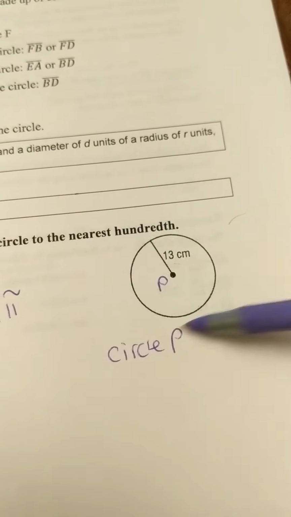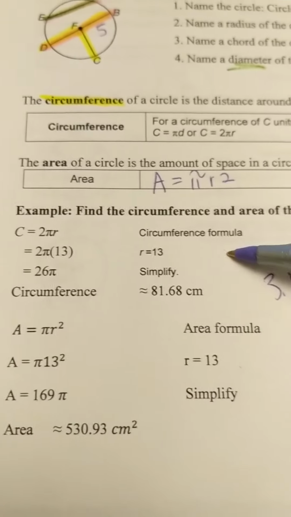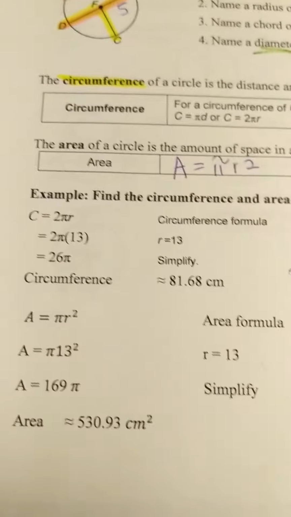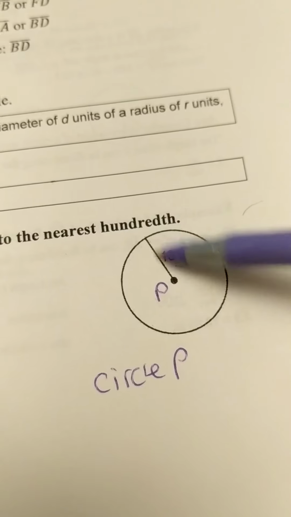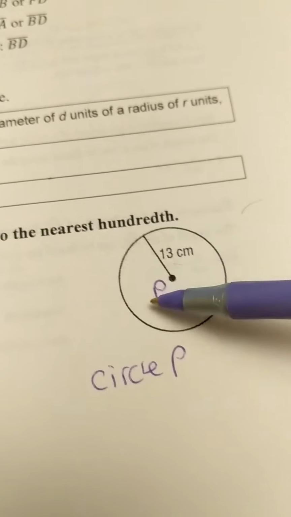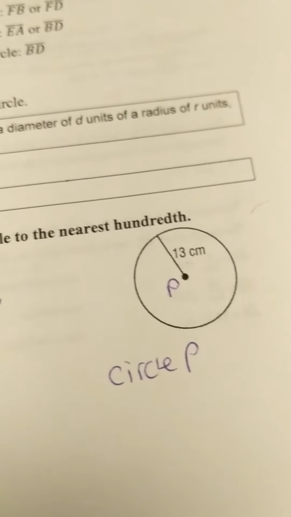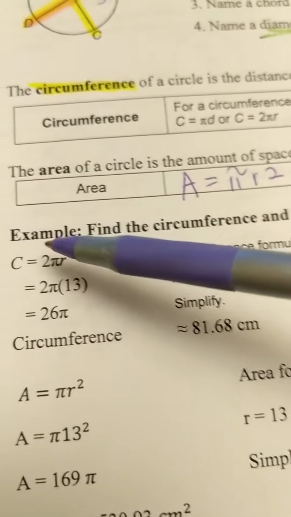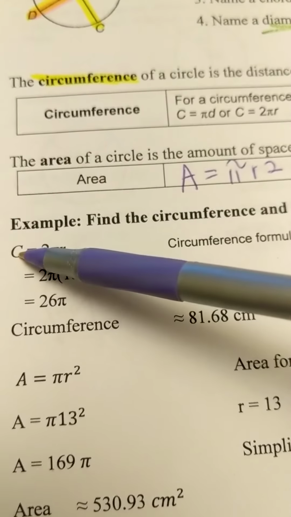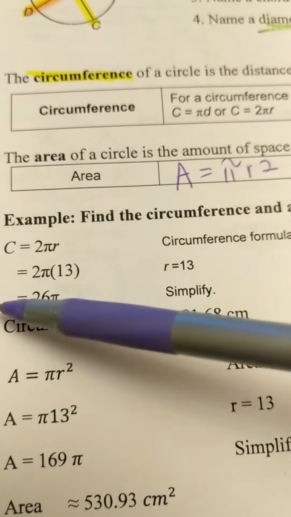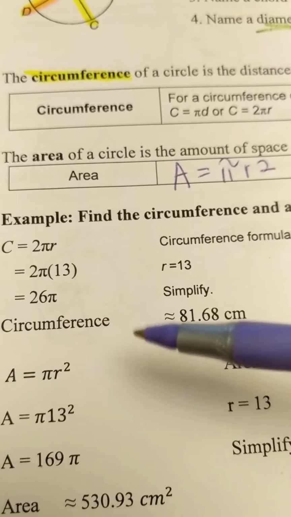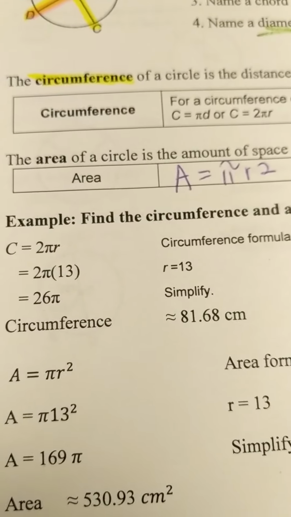Down here we have an example, so we're going to use this circle and find the circumference and the area. Here's our circle, which I called circle P. We're told that we have a radius of 13 centimeters. Since we're dealing with a radius, we're going to use the formula circumference equals 2 pi r. Plugging in 13 for the radius, we'll do 2 times 13, which is 26, and then multiply it by pi.